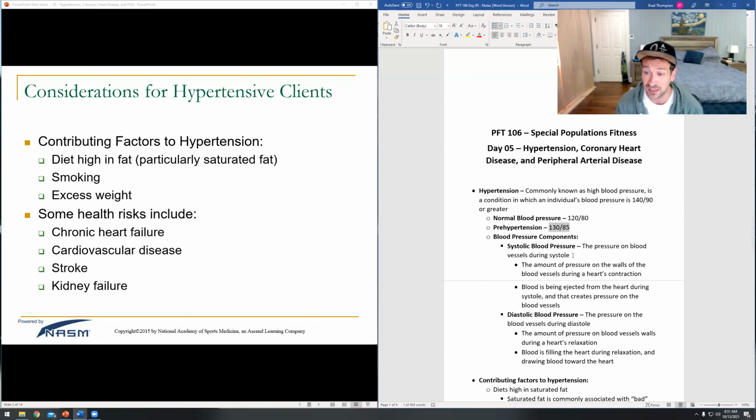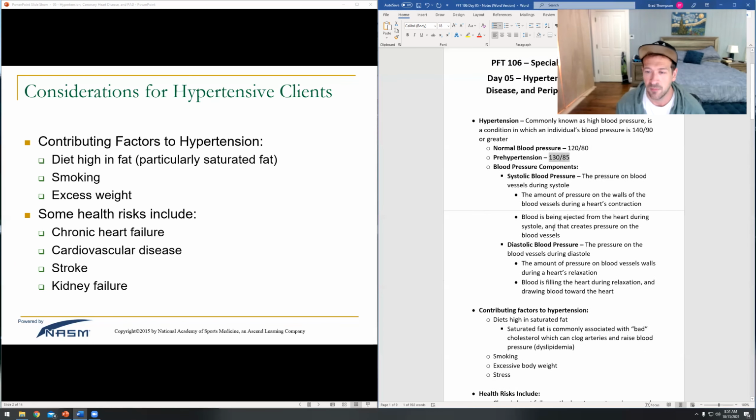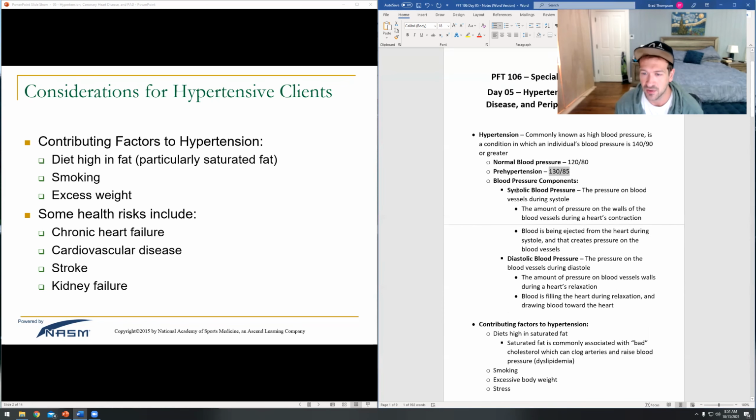And once they start dealing with hypertension, there's going to be a lot of health risks, right? I actually did put it in the notes. Systolic blood pressure is the pressure on the vessels during systole. It's the amount of pressure during the heart's contraction, because blood is being ejected from the heart, which raises the pressure. And then diastolic, which is diastole, is the pressure during the heart's relaxation.